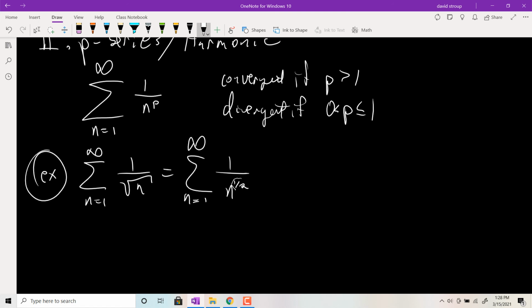So the p-value, is it even going to be convergent? The p-value is in between 0 and 1, so no, this one's divergent. So the p-value equals 1/2, which is less than or equal to 1, hence it's divergent. It's a divergent p-series.